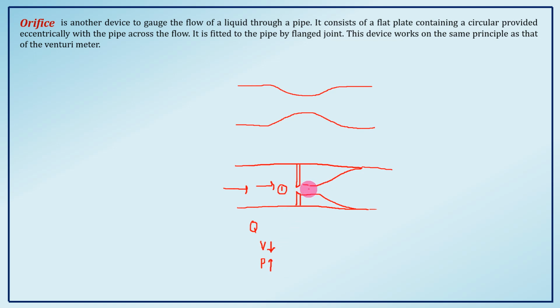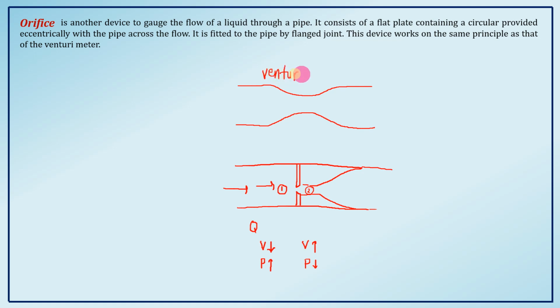Ayan. With this cross-sectional area na malaki, we have larger value ng pressure. And at this point, right after the orifice, where we attach the orifice, we have a smaller cross-sectional area wherein the velocity is high. Mabilis nagta-travel yung liquid natin dyan, kasi maliit lang yung cross-sectional area. And the pressure is low. So this relationship of velocity and pressure, ganun din di ba yung concept na ginagamit natin for venturimeter.